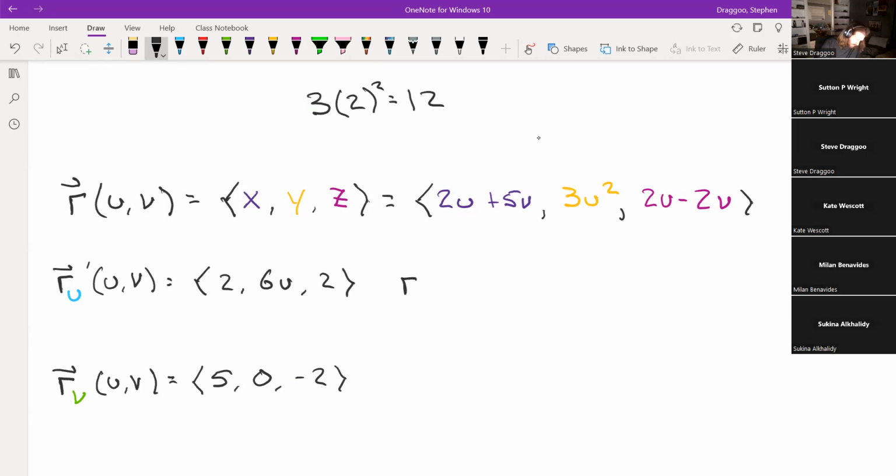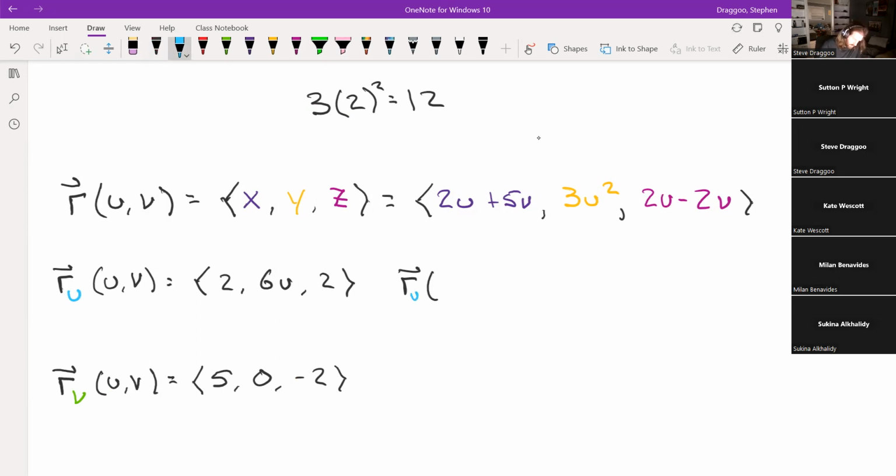Oh, I forgot to put primes on those. Oh, no, I don't need the primes because I put the partial derivatives below. I was thinking the old notation where I had R1 and R2, and those needed primes. But now the partials are the subscripts. There's a lot of notation in our class.